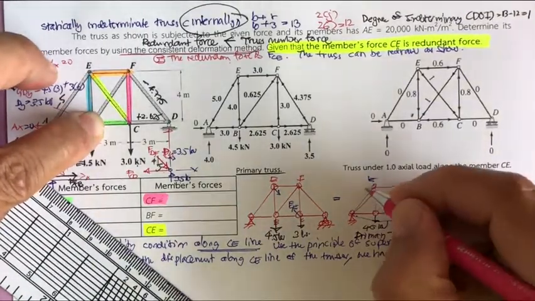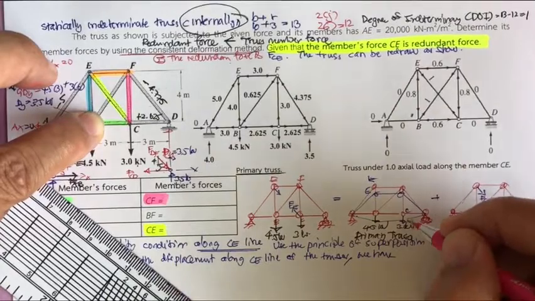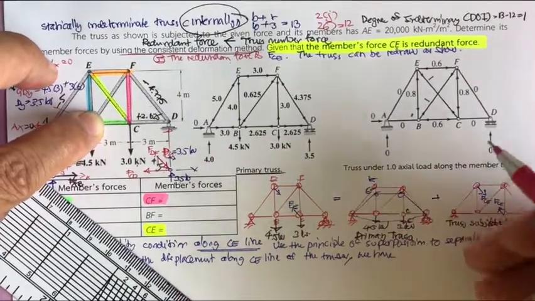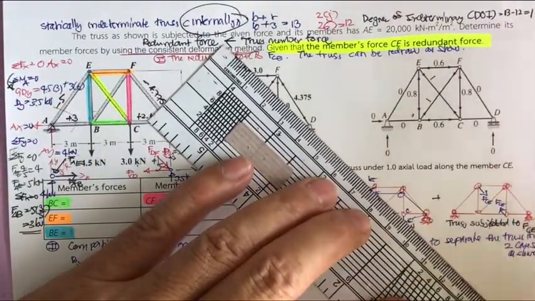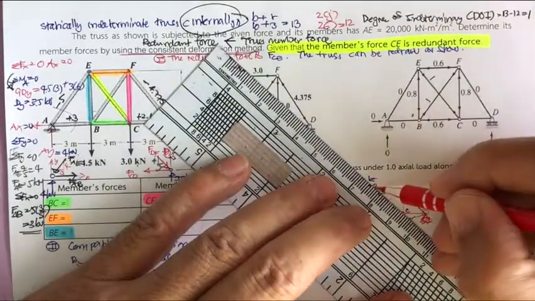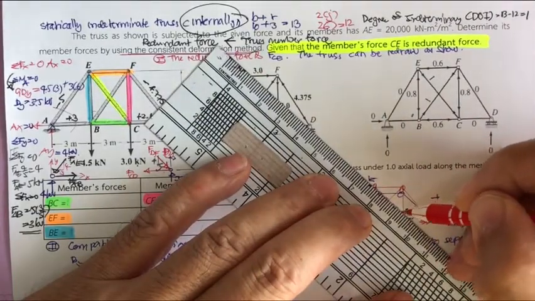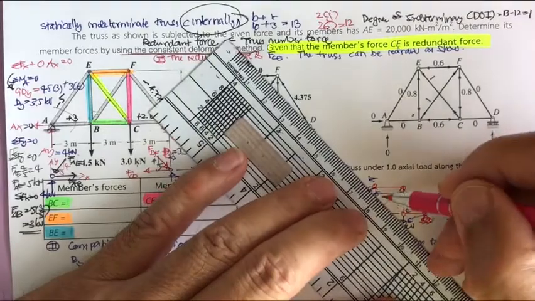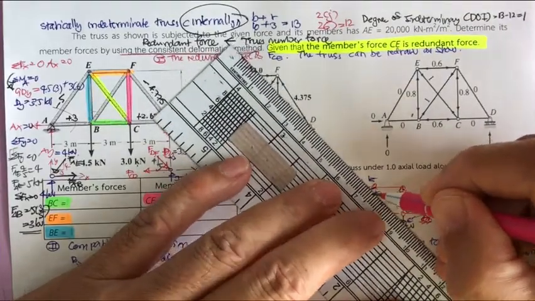Okay, now it's changed to C prime and E prime. So the line used to be, this is 5 meter. It is going to change to this line.